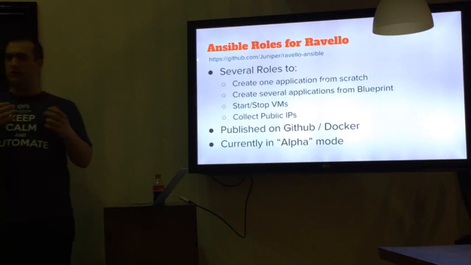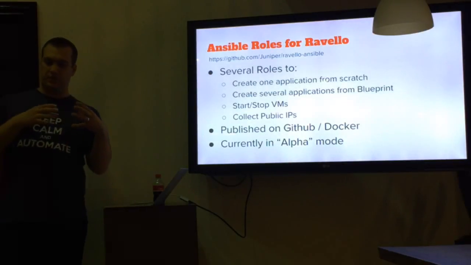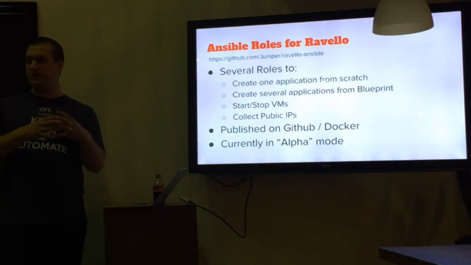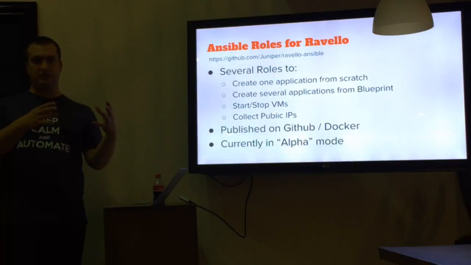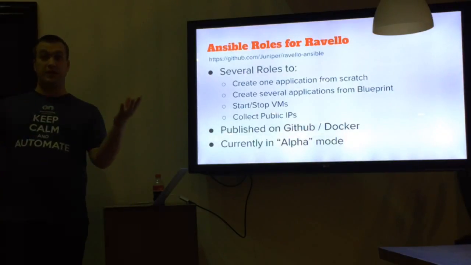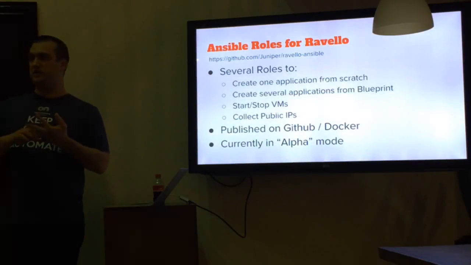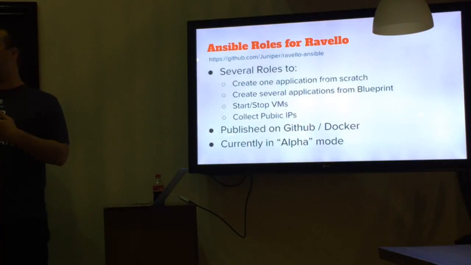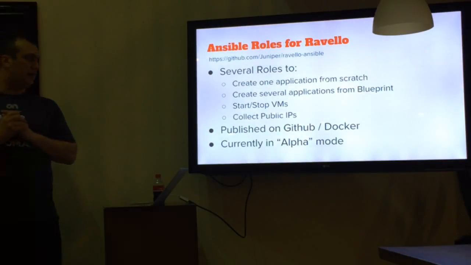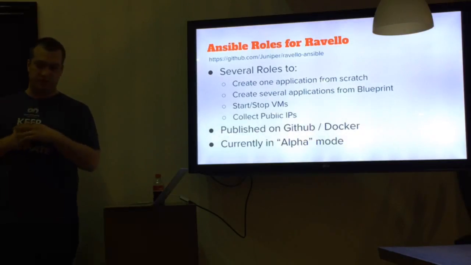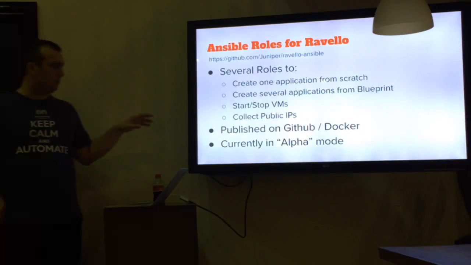You can also, from what we call a blueprint, which is basically a reference architecture, create many applications and automate the generation of the token and gathering the IP addresses and all that. So that's what you would use for training, for example. And you can stop the VM, start the VM, collect the IPs, and all of that is on GitHub.